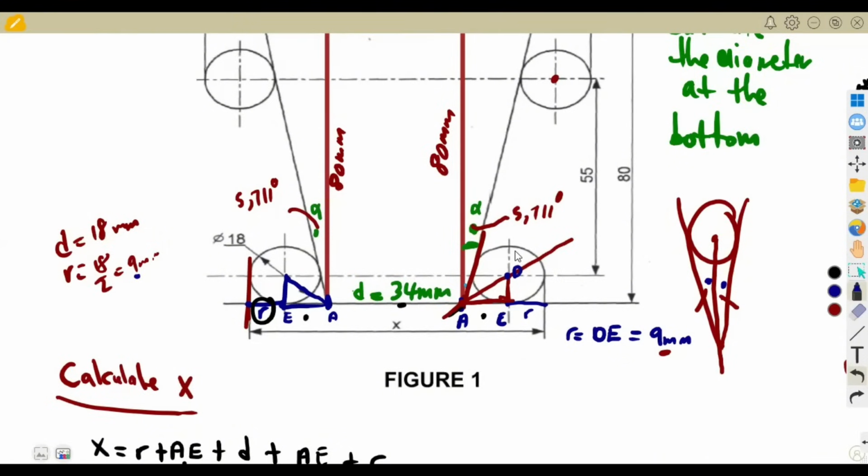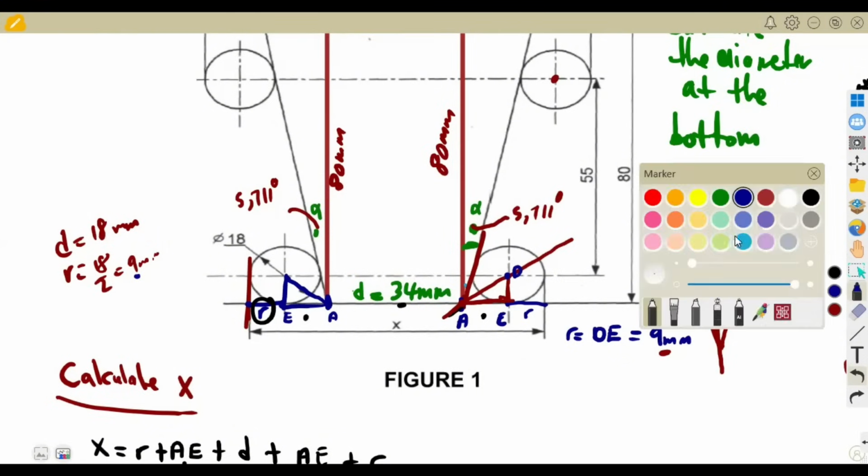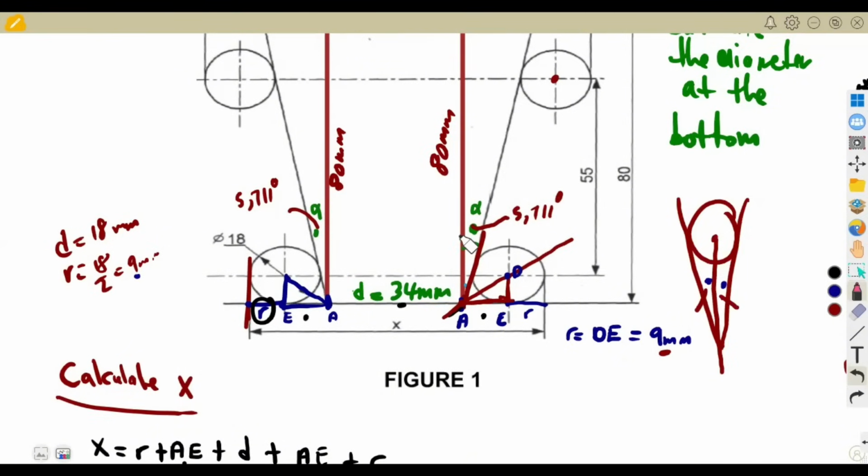Before, we agreed that the angle at A is 90 degrees, from this top going down to this point. Yes, we know that these two angles are equal, but the whole of it is 90 degrees. Why?